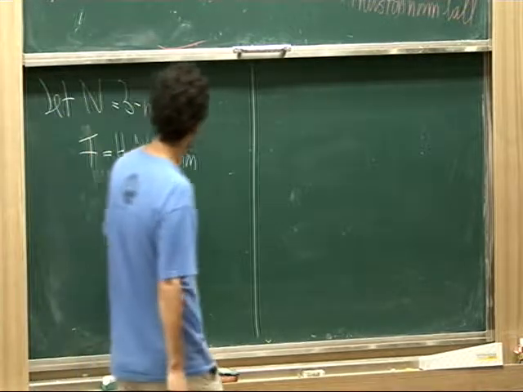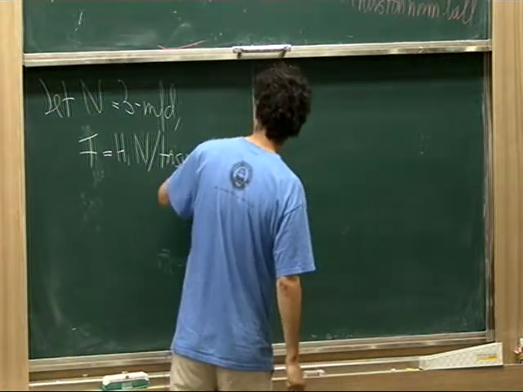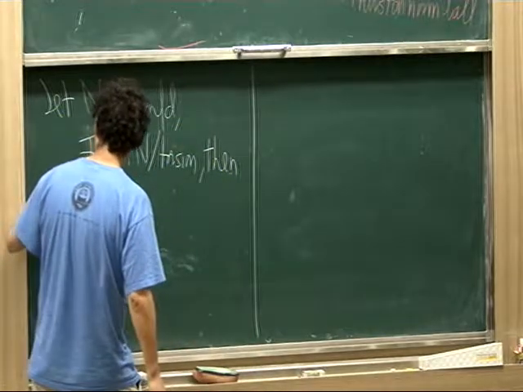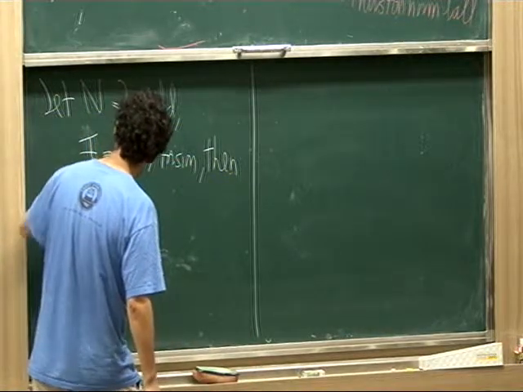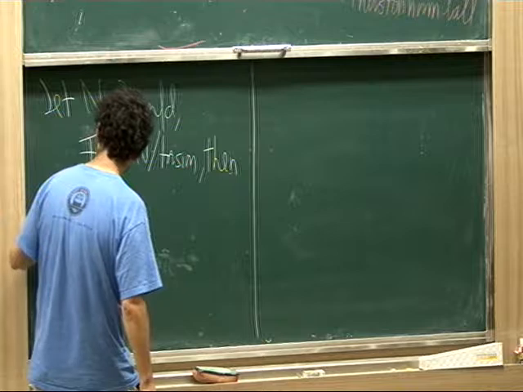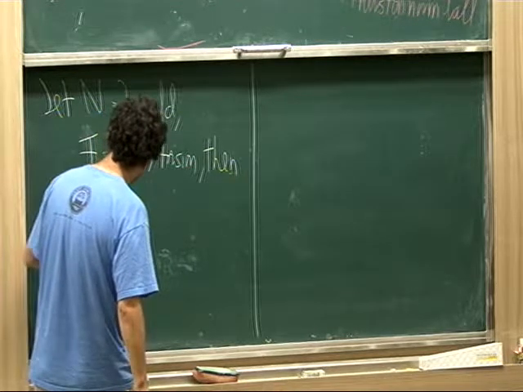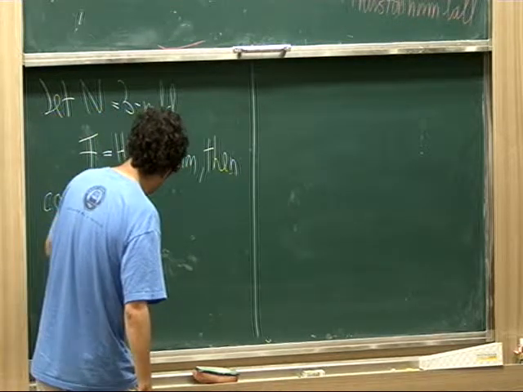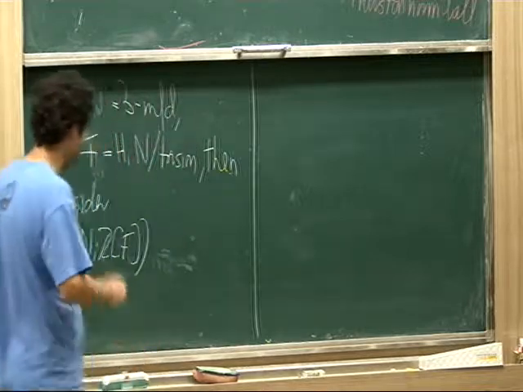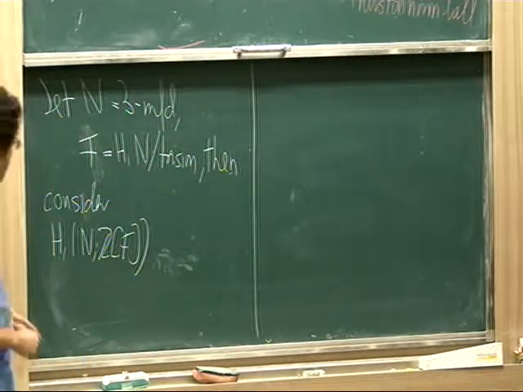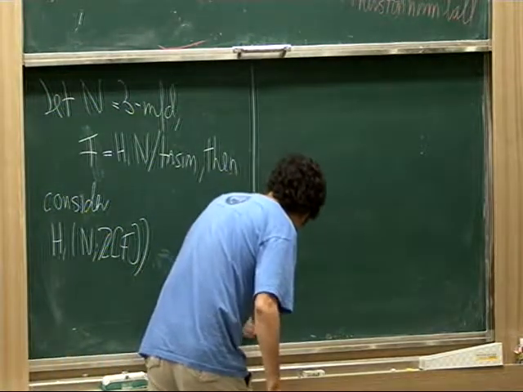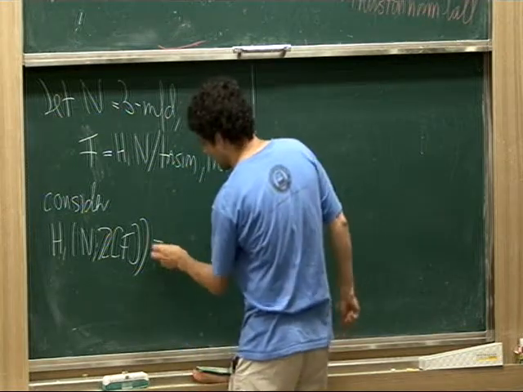And then we consider H_1 of N with ZF coefficients. So what do I mean by that? So let's twist in homology, and it's really just very naive.